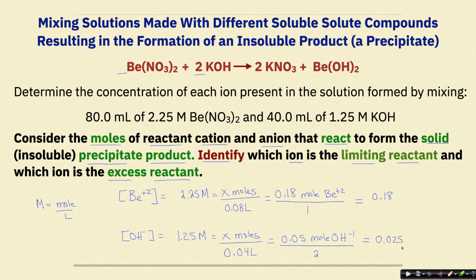My next question to myself is, which one is the limiting reactant and which one is the one in excess? The one that's the limiting reactant will be the one with the smaller number. So obviously by comparing these two, I can see that the number associated with the hydroxide is the smaller number. Therefore, this is my limiting reactant. And the larger number will be associated with my reactant in excess.